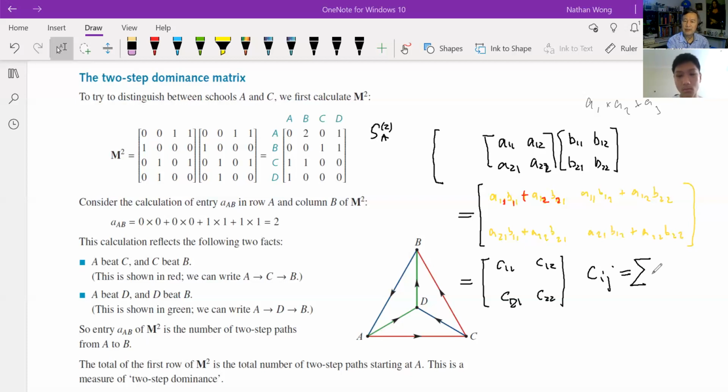Before that, how can we describe the product, for example, if you have A and B? How do we describe the first term? Perhaps before we use the sum, we can just rewrite this clearly. Can we just pick up this one? This is our C11. Can you see that? This element is C11.